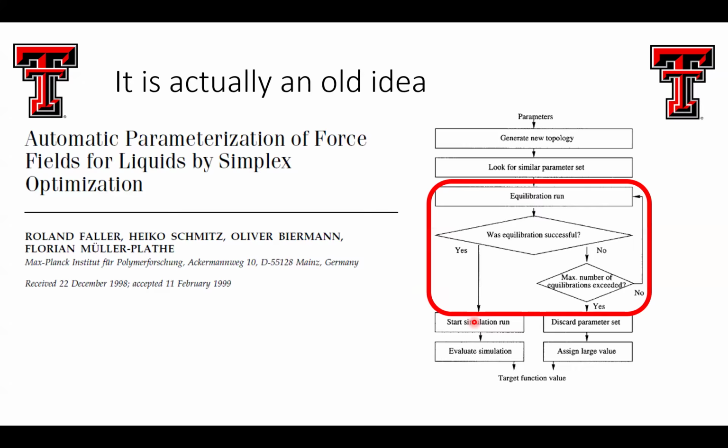There is one step missing in this old work. Does anybody have an idea which step is missing, which you would need these days? Minimization? Sorry? I don't see a minimization step. I see, that's the equilibration. Okay. The missing step is submitting this into a queue on a high-performance computer and getting the data back from there.